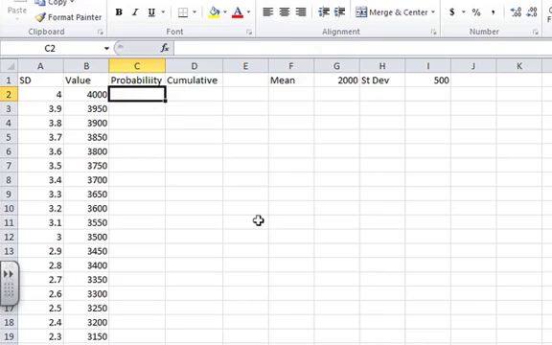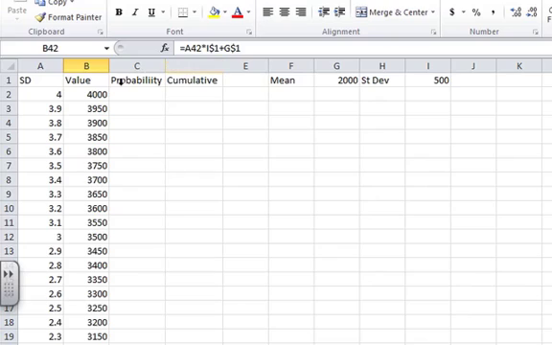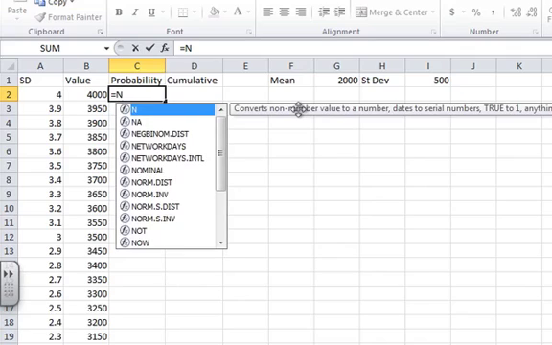So now we've got our values. We know the number of standard deviations, so this matches up because down here, 0 standard deviations from the mean is going to be the mean. So mean of 2000. So our formula is working okay. So what I'm going to do now is put in a formula which is norm distribution.